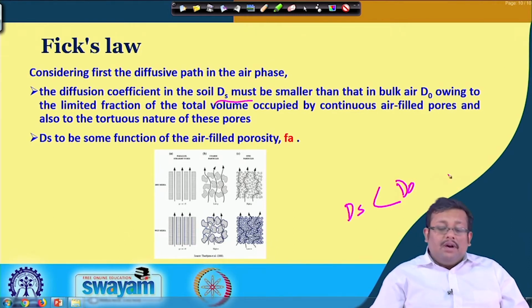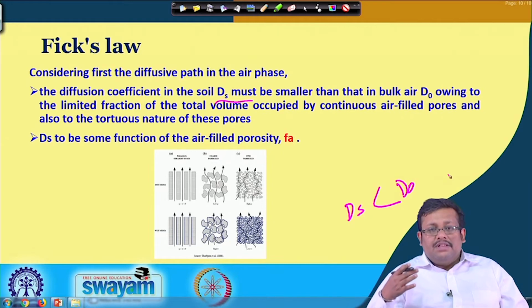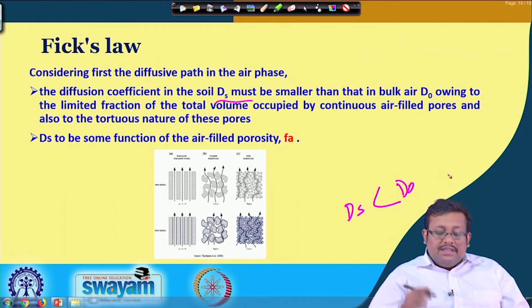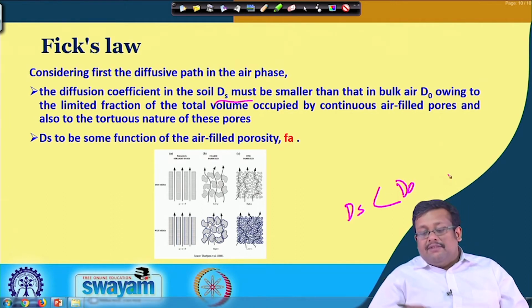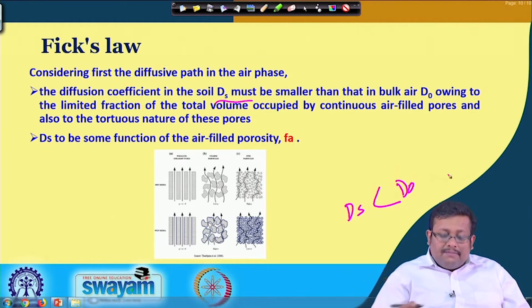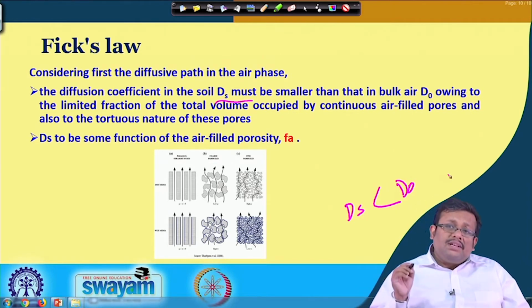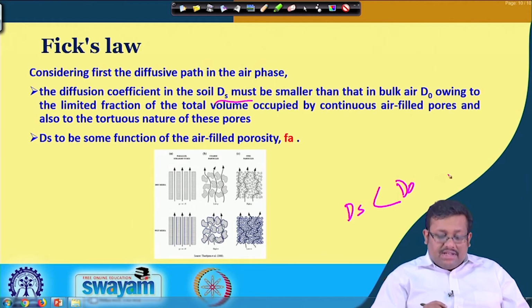So, why is that? Because in the soil the diffusion is not as simple as in the case of bulk air. In soil, the total volume occupied by the continuous air filled pores is limited, because some pores will be filled by air and some pores will be filled by water, and also there will be the tortuous nature of those pores.